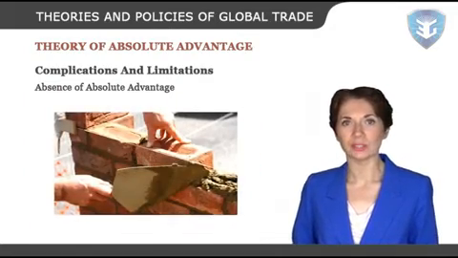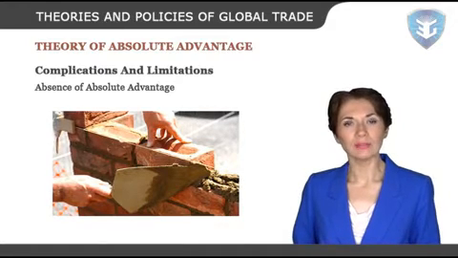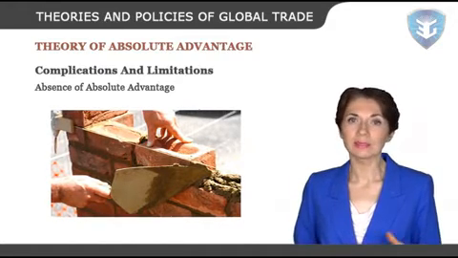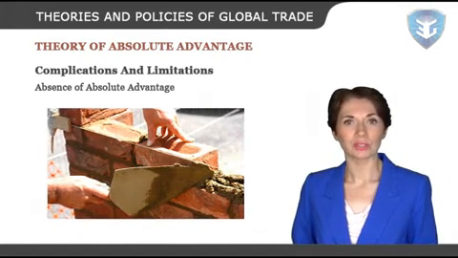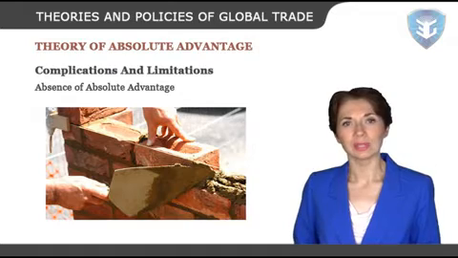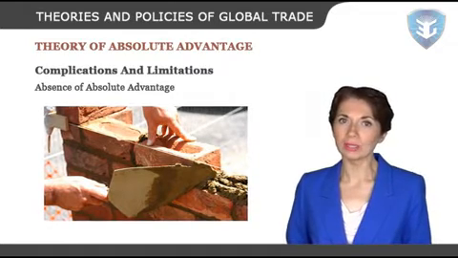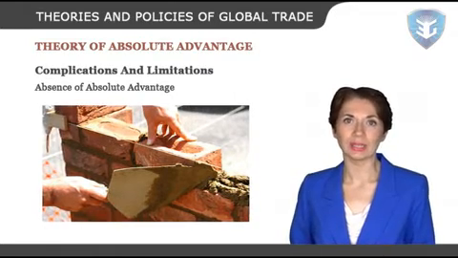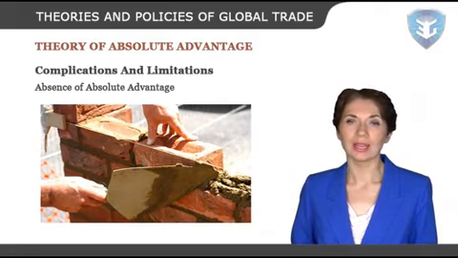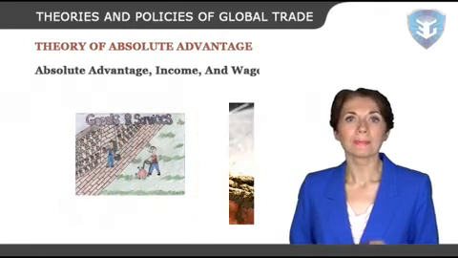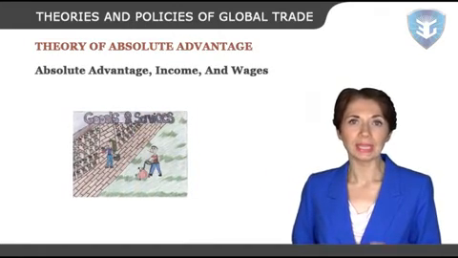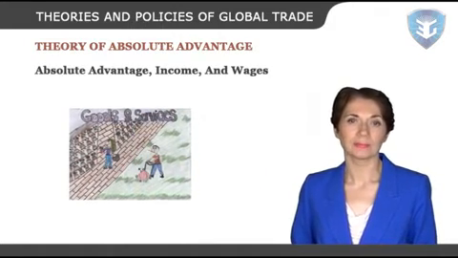Complications and limitations. There are several caveats in the above analysis, some of which are the absence of absolute advantage. The example discusses a situation where one country has an absolute advantage in the production of one good and the other country in the production of another good. Absolute advantage, income, and wages.